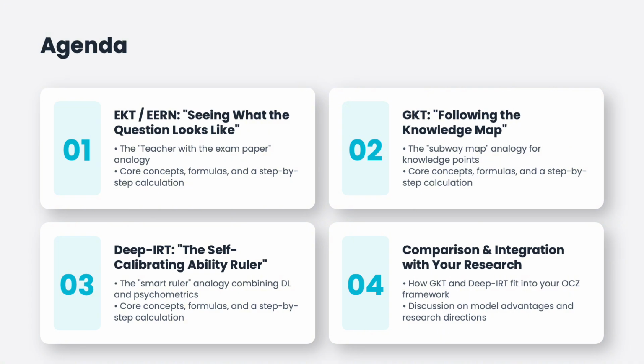After that, we'll explore deep IRT, the self-calibrating ability ruler, which measures student ability in a smart way. Finally, we'll compare these models and discuss how you can integrate these powerful ideas into your own research. It's going to be an exciting exploration.